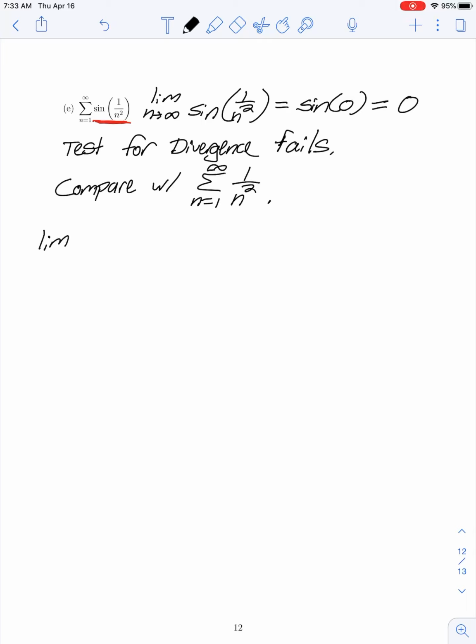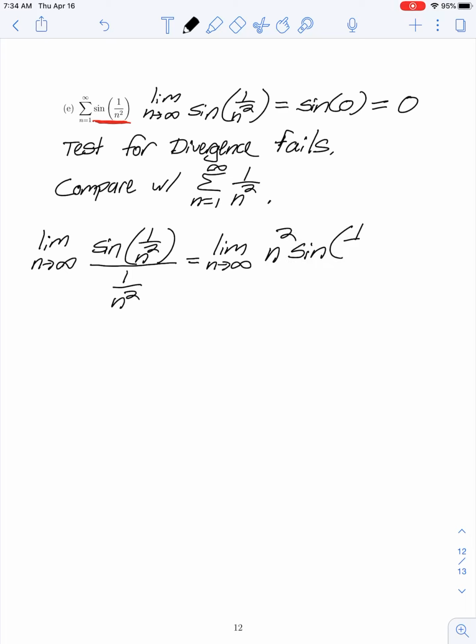So the limit comparison test says we take the limit as n approaches infinity of the general term for our series, sine of 1 over n squared, and then we divide by our general term, 1 over n squared, or equivalently, we multiply our numerator through by n squared. So we would have n squared times sine of 1 over n squared as n approaches infinity.